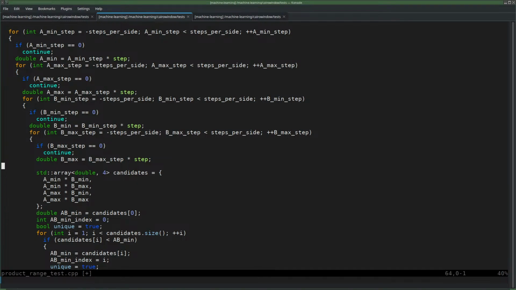Right, so for loops that run over the minimum and maximum value of A and B.